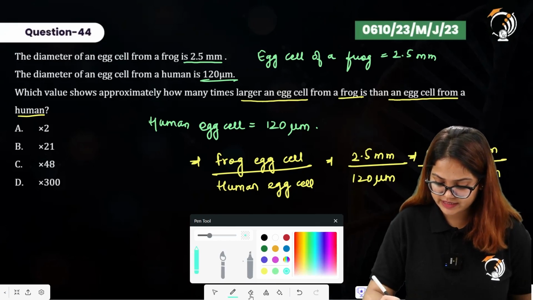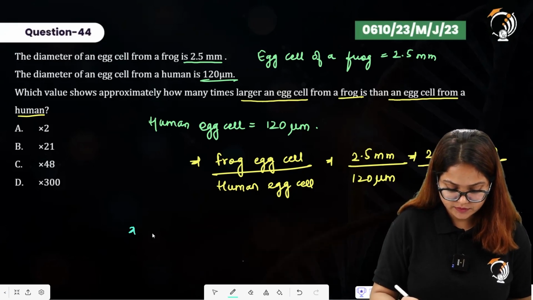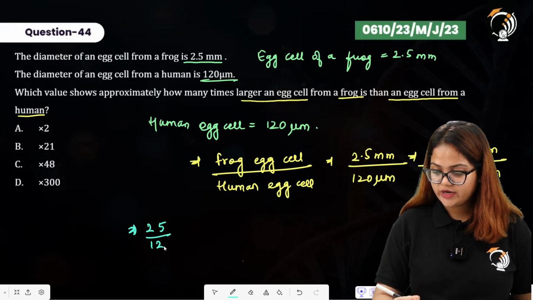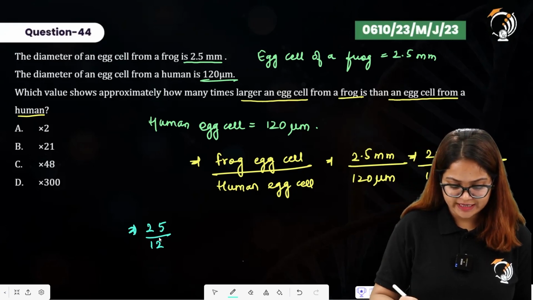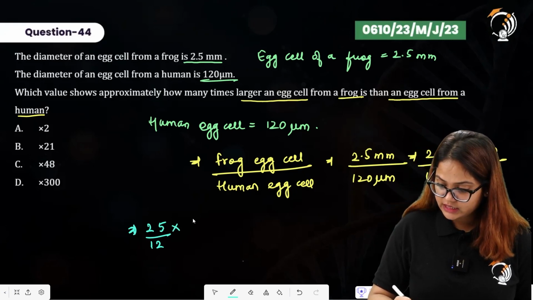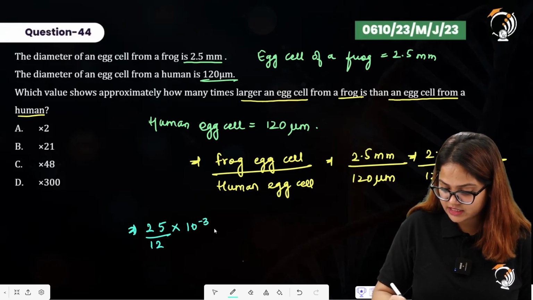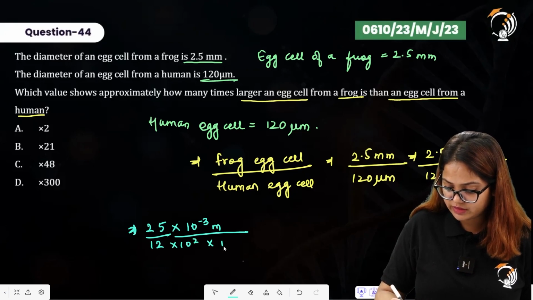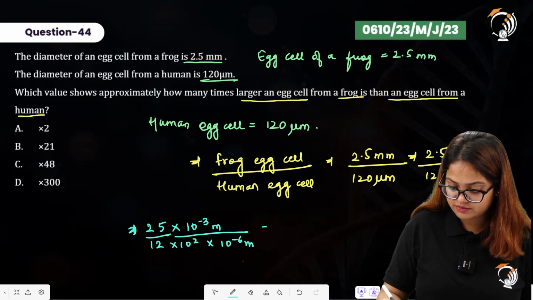We're going to solve it like this: 25 divided by 12 into 10 to power minus 3 meter, divided by 10 to power 2 into 10 to power minus 6 meter.